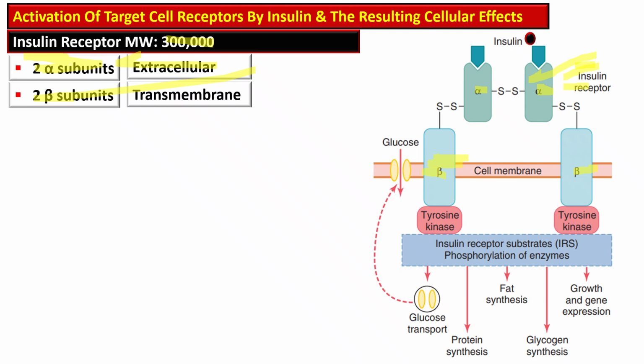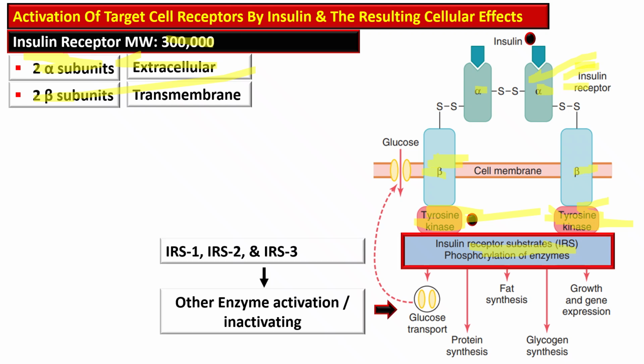Then autophosphorylation activates a local tyrosine kinase enzyme. This tyrosine kinase enzyme phosphorylates other intracellular proteins and activates IRS, or insulin receptor substrates, for example, IRS1, IRS2, or IRS3.